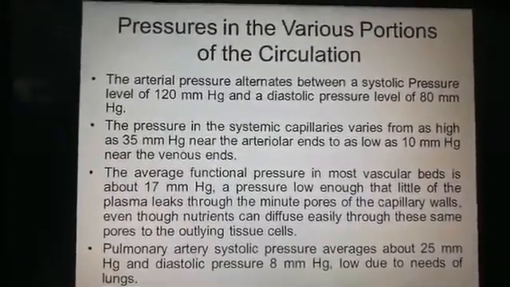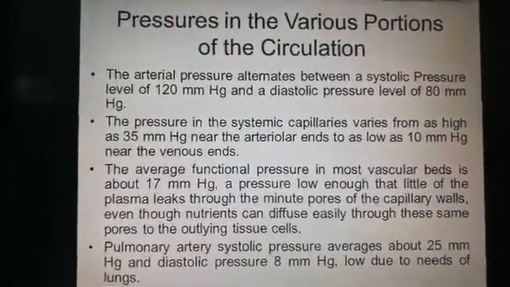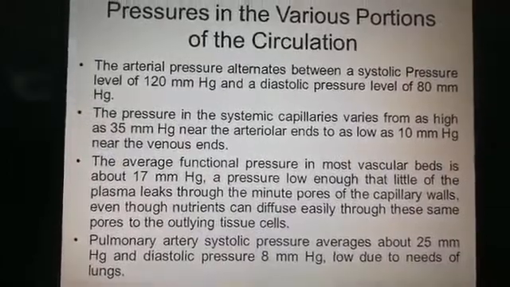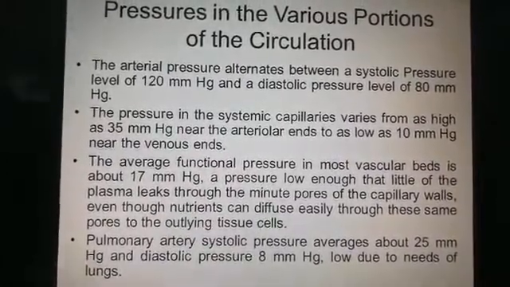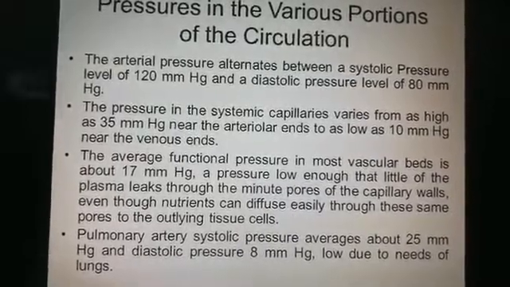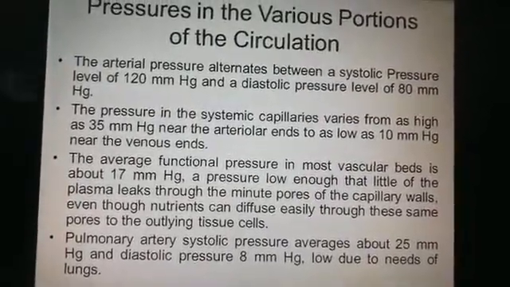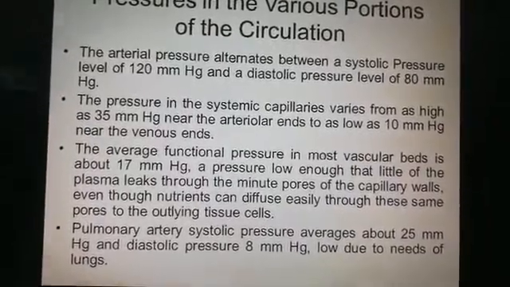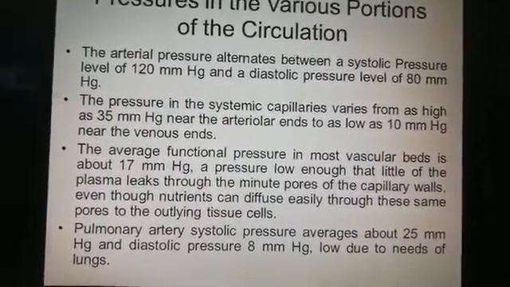So the blood moves from high pressure to low pressure, from arteriolar end to venous end, and the average pressure of the vascular bed is about 17 millimeter of mercury. The pulmonary artery systolic pressure averages about 25 millimeter of mercury, and diastolic pressure 8 millimeter of mercury, low due to the needs of the lungs.